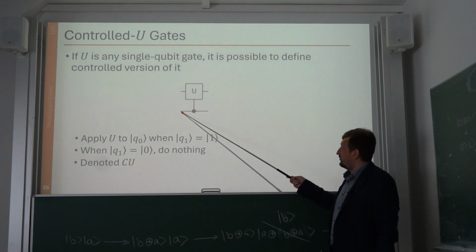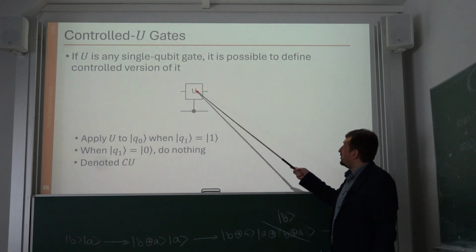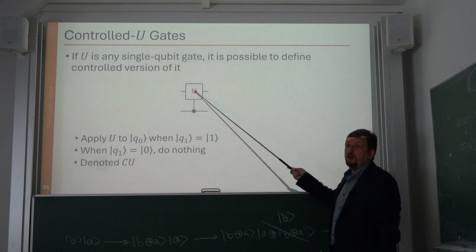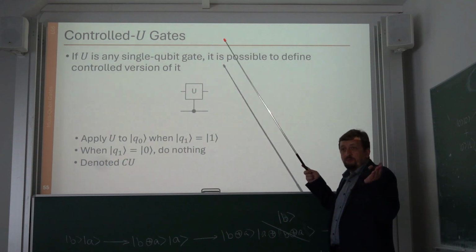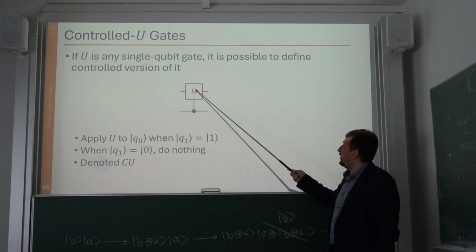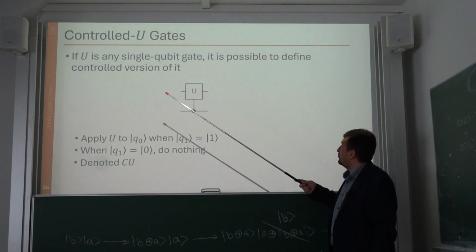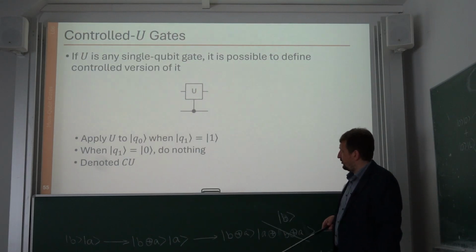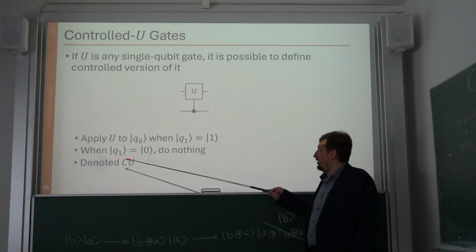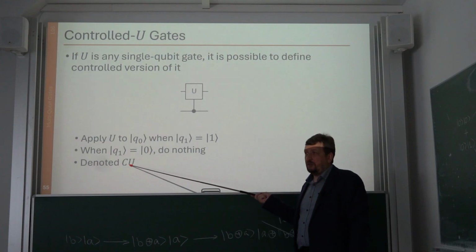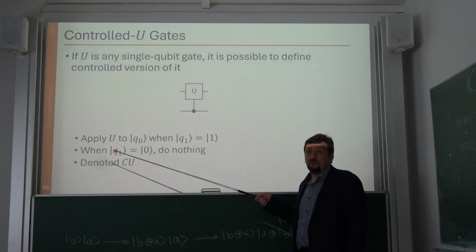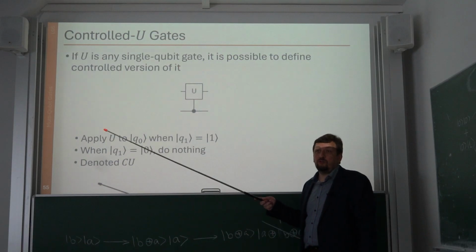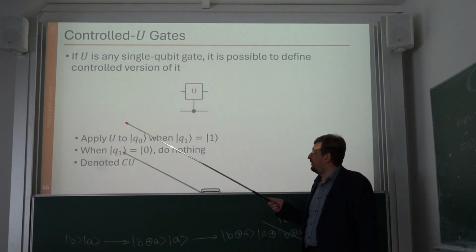When this qubit is 1, then we apply this gate U, which can be whatever gate we want, to the target qubit. Such a gate is denoted CU in formulas. Control U, similar to CX, control X, or CZ, control Z.